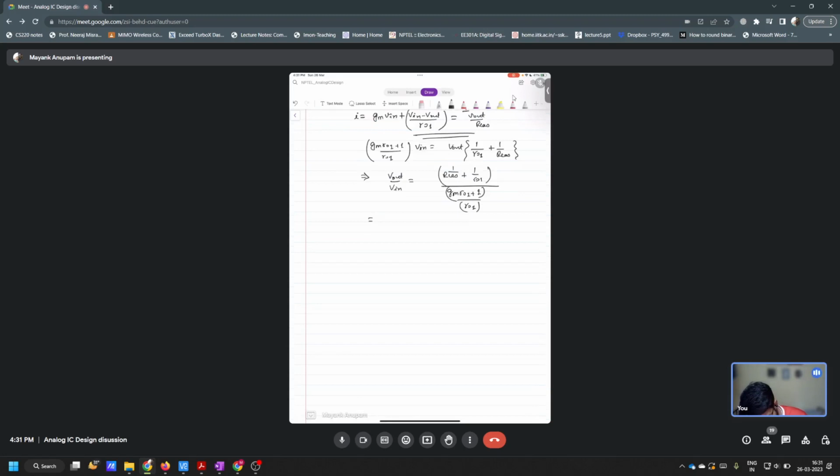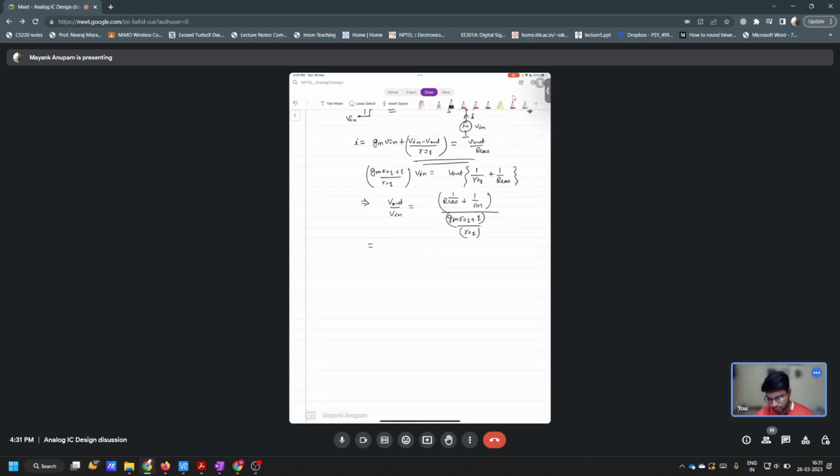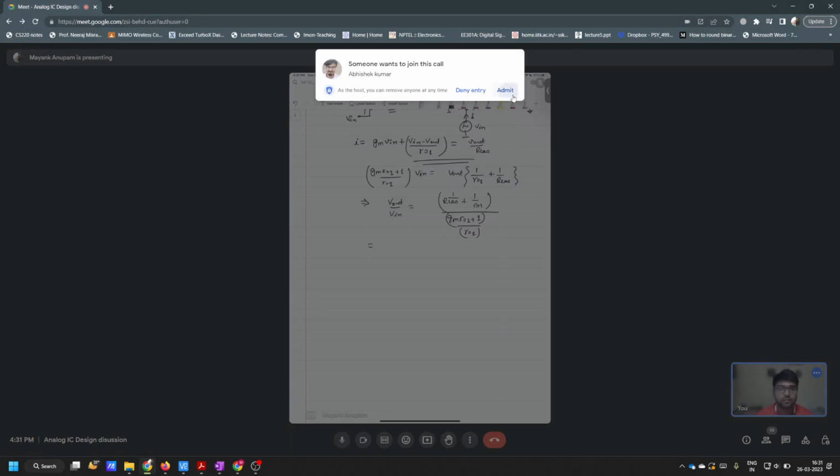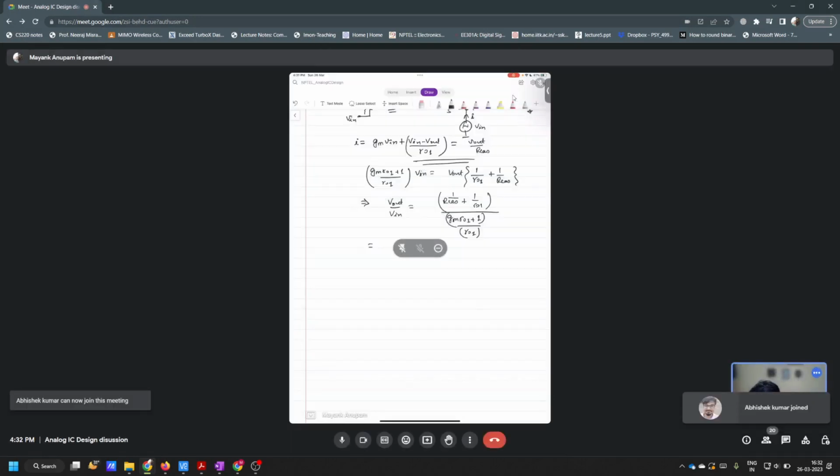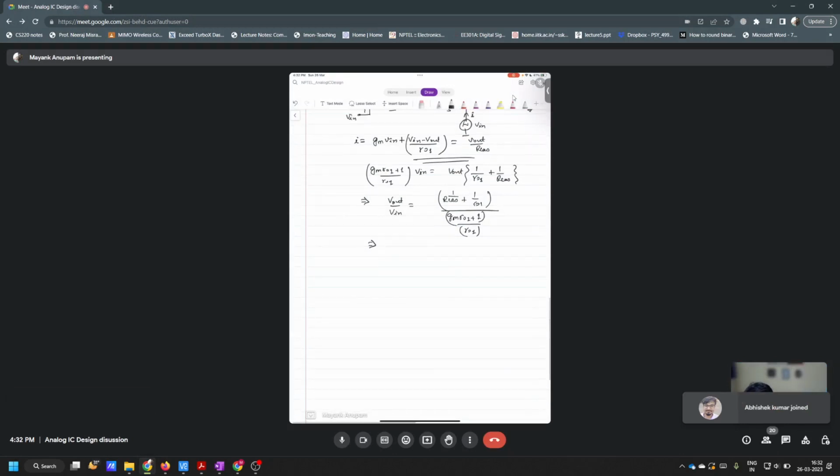Is it correct or have I made some mistake here? Sir, numerator and denominator will be opposite, right? Correct. Right.